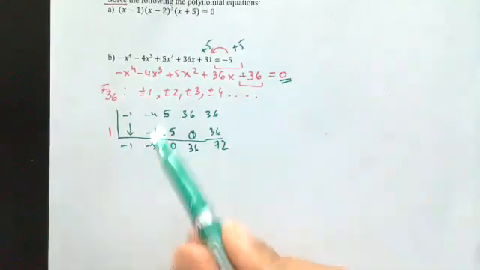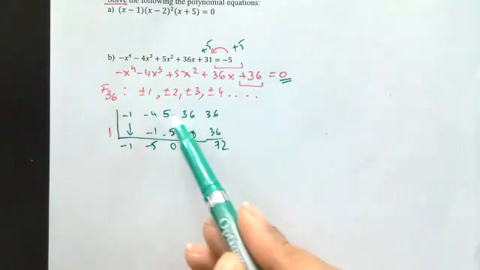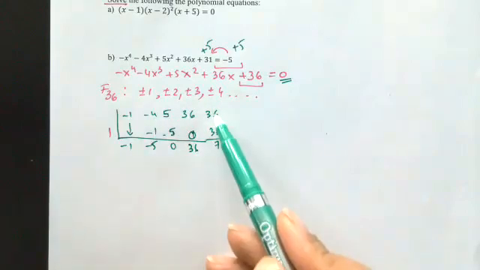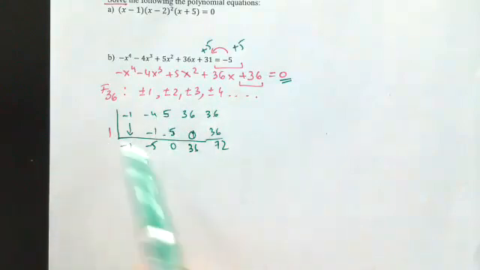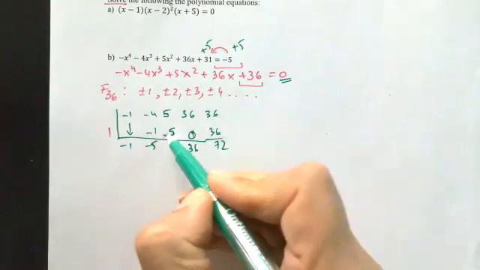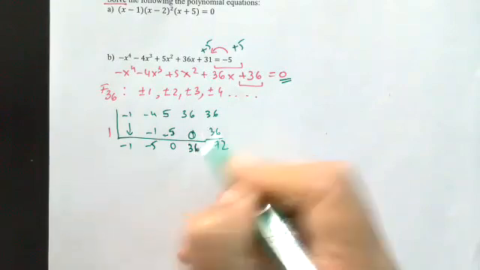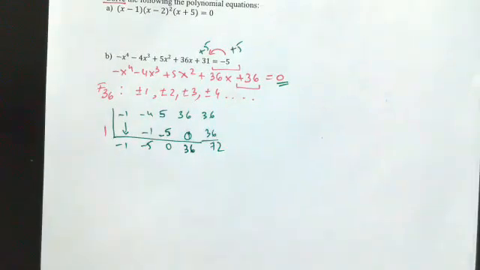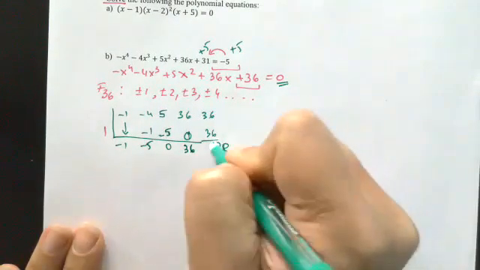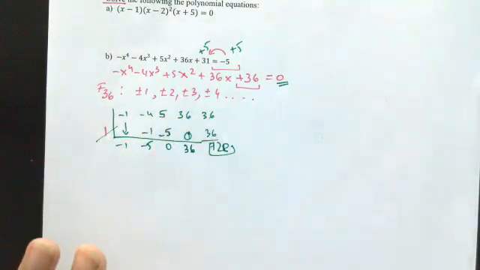Let's double check our signs. 36, and then -1, -5, -5, 0, 0, 36. Yeah, agreed? Yeah, so we have a remainder. This is not a factor, okay? That's how you can check one by one with the synthetic division.